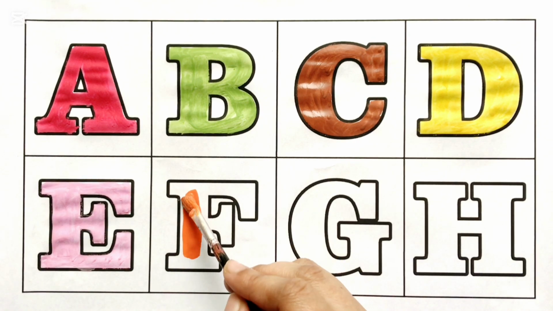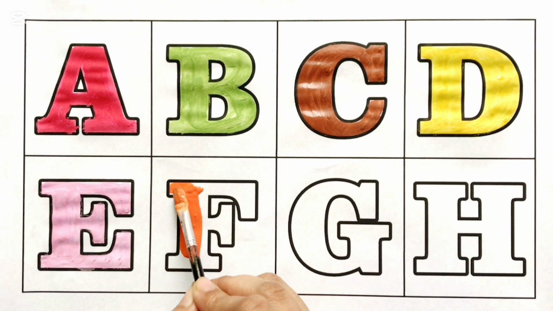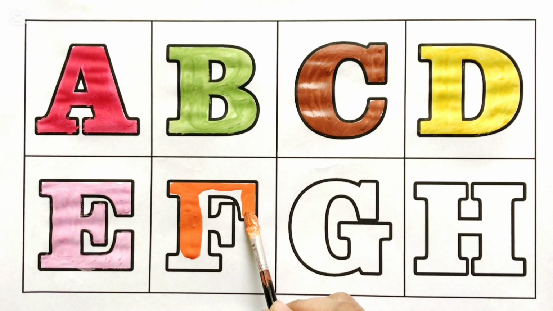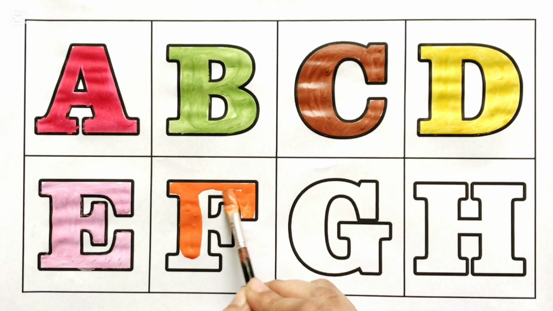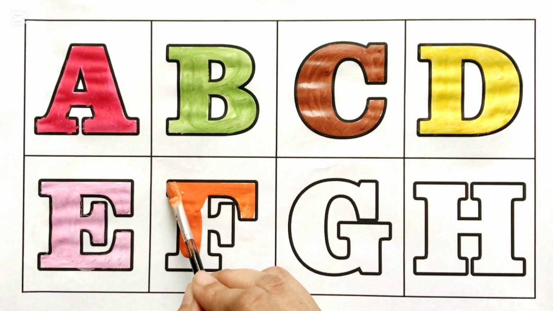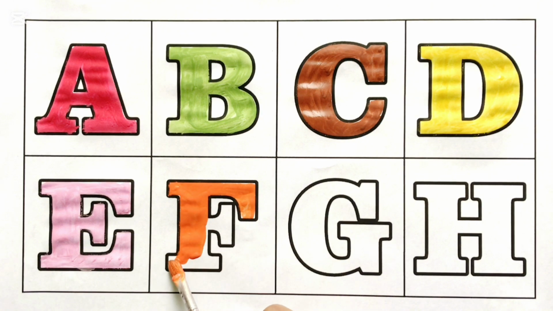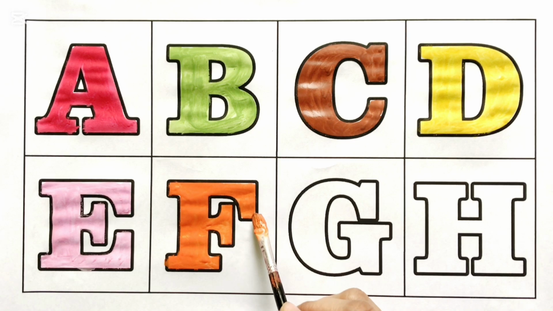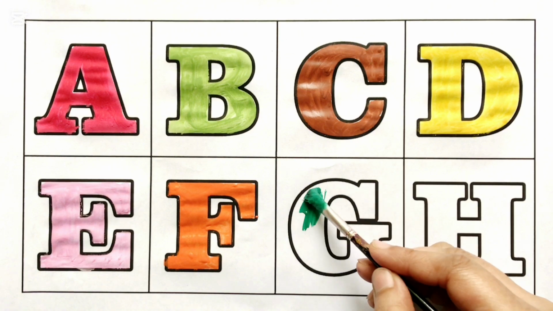Orange color. F is for fish. Green color.